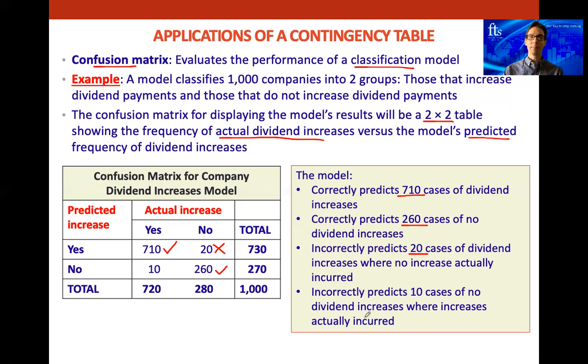And then lastly, it also incorrectly predicts 10 cases of no dividend increases where increases actually occurred. So that's over here. The model is predicting that there is no dividend increase, but what actually happened in the real world is that there was an increase in dividend.